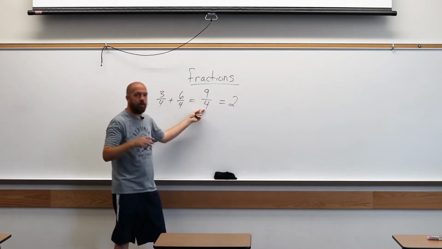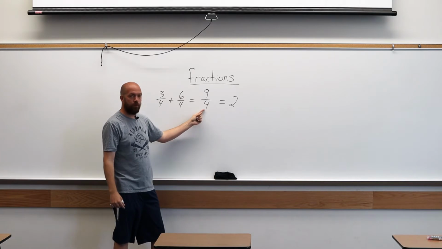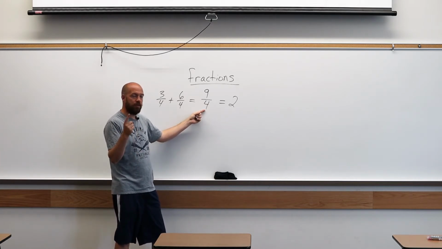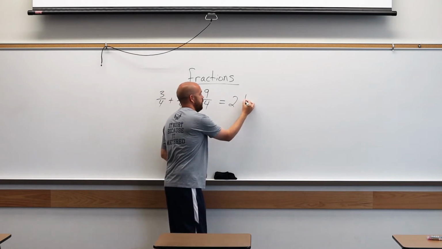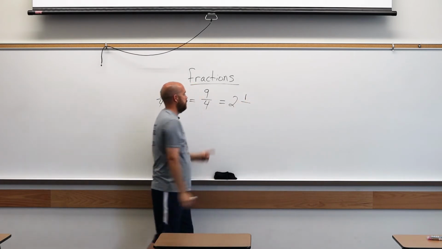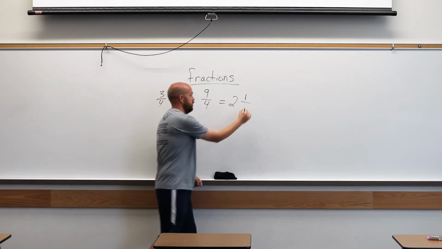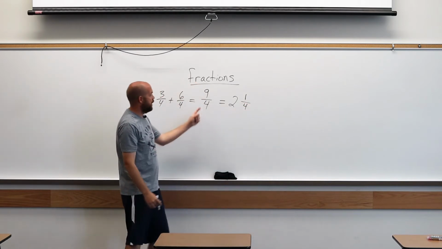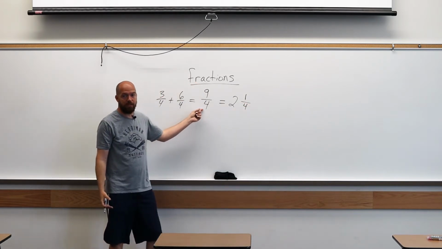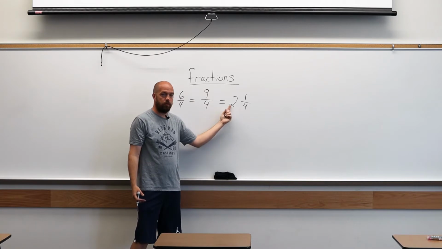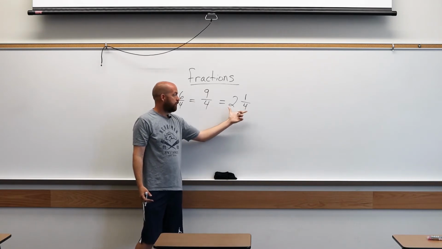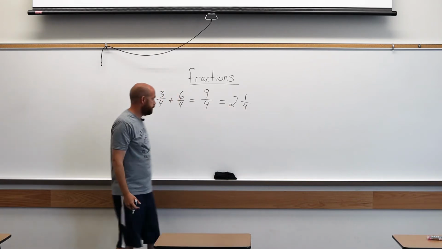Then I need to figure out how many are left over. So if I do 4 times 2, that gives me 8. So it's almost the 9. That means there's 1 left over. So I would still have a 1 in the numerator, and my number of friends stays the same. So that's going to be a 4 here. So 9/4 converted to a mixed number, mixed meaning whole number and fraction combined, would be 2 1/4.